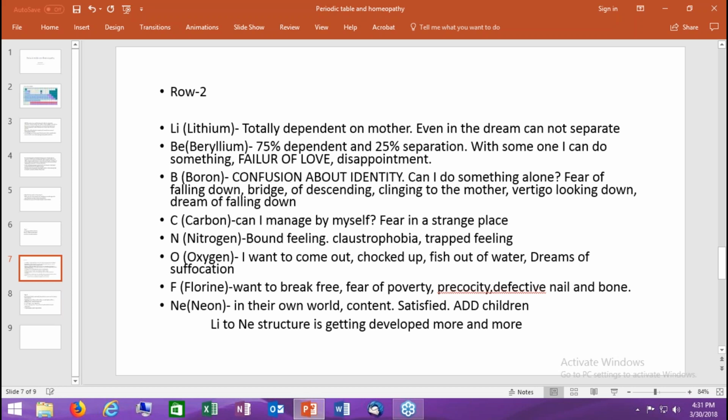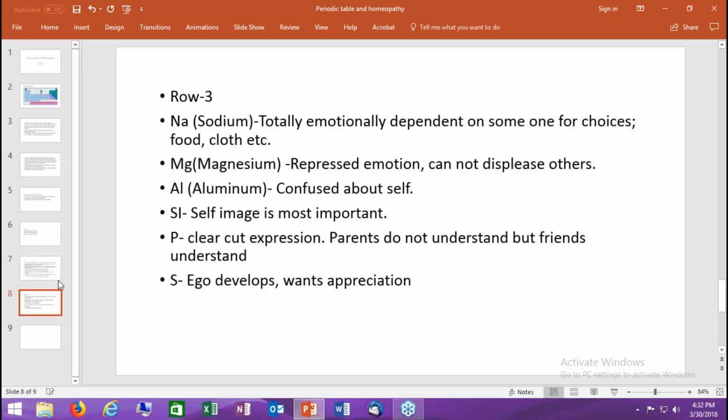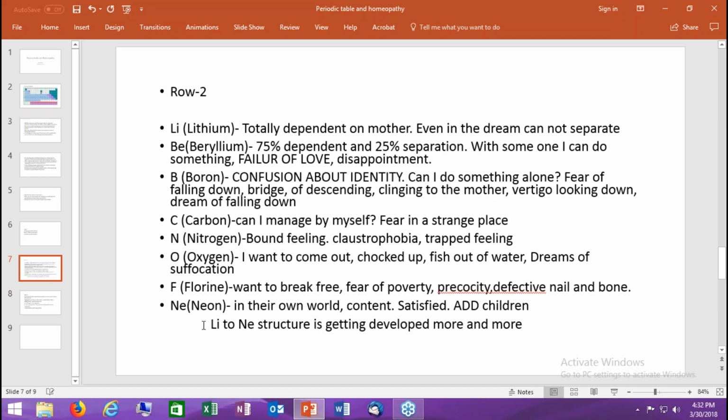Next element is fluorine. Fluorine is coming under the rare elements. What does it happen? He wants to break the rules.